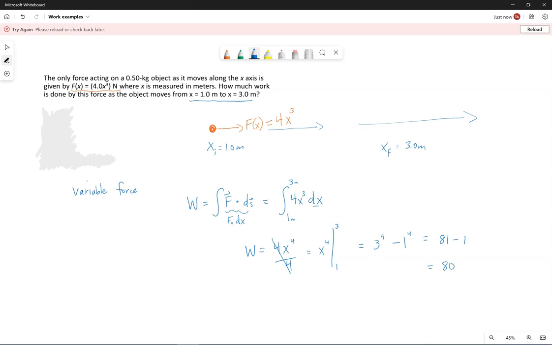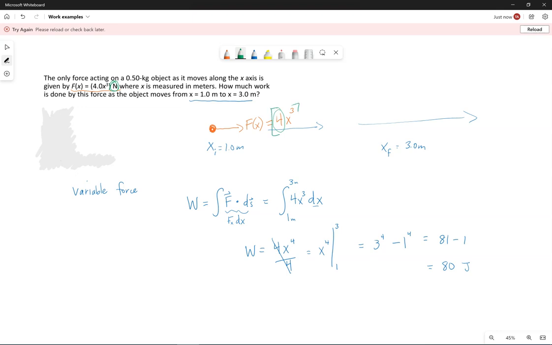Now, the units need to be joules, which is a Newton times a meter. Where the units come from, if we come back to the force right here, this 4, the problem tells us this force is measured in newtons and x is measured in meters.